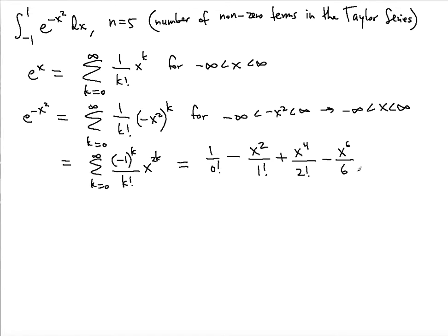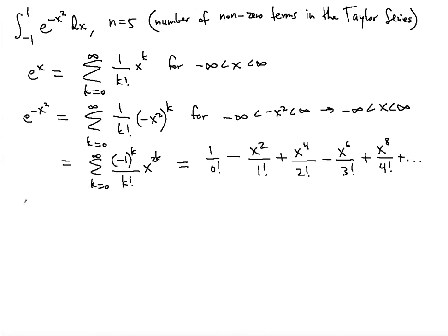Minus x to the 6 over 6, right? K is equal to 3, so we get 6, and 3 factorial is 6, right? And then plus, the last term we need is x to the 8th, k equal to 4, so x to the 8th over 4 factorial, et cetera. And that's all we need.